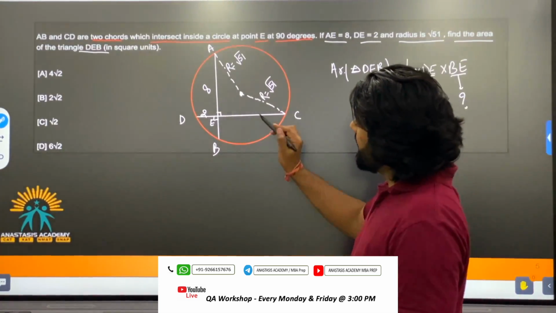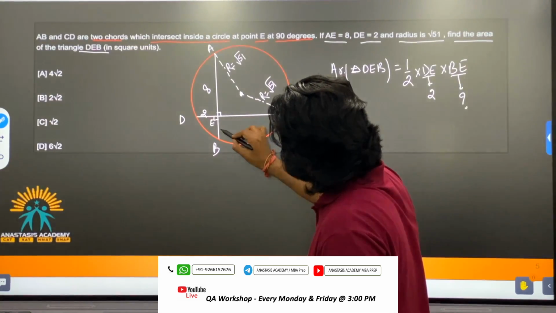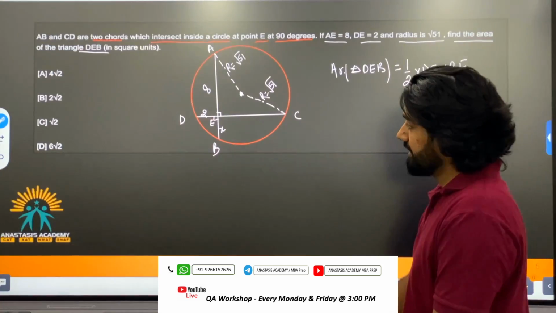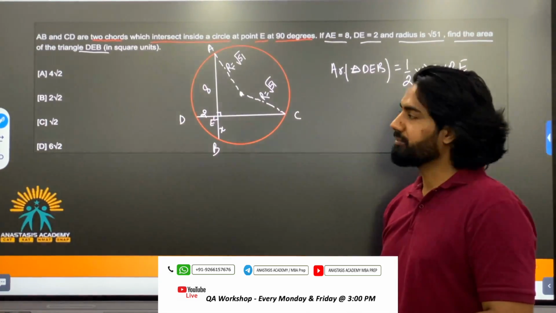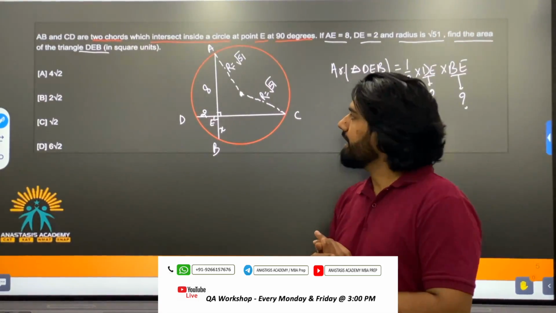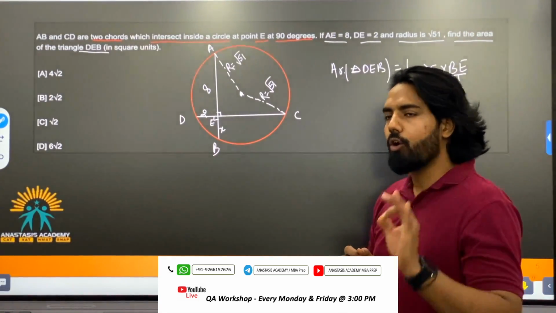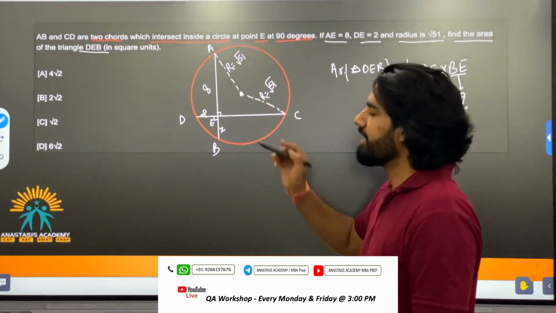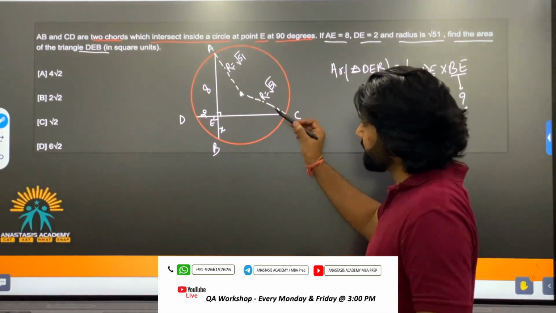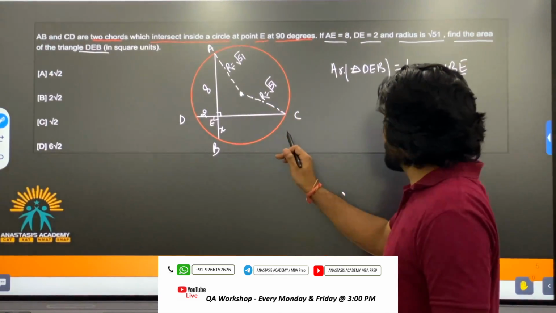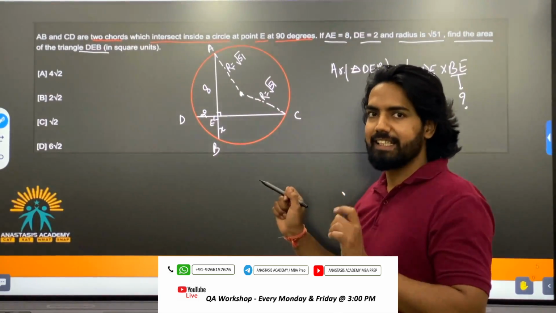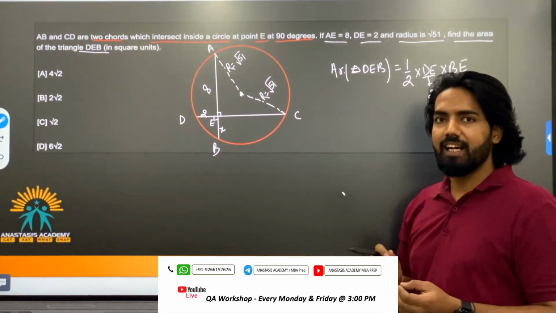So first of all, let's assume the length of BE as x. Now, when chords are given in a circle, always draw a perpendicular from the center of the circle to the chords, because we know the property that the perpendicular dropped on a chord from the center bisects the chord, and vice versa.